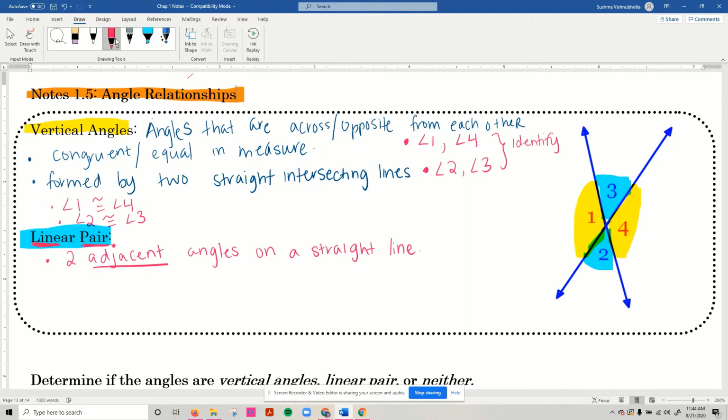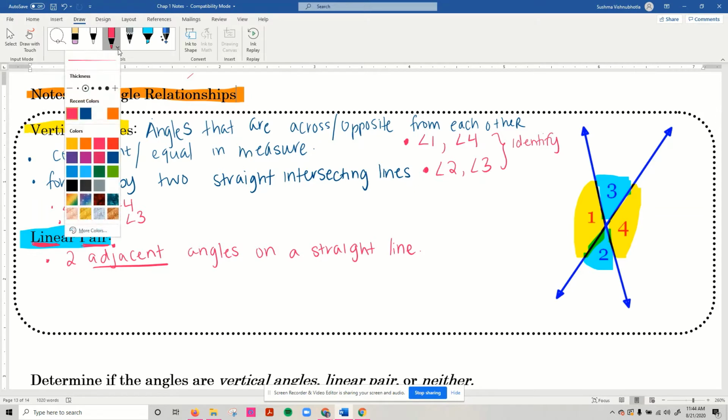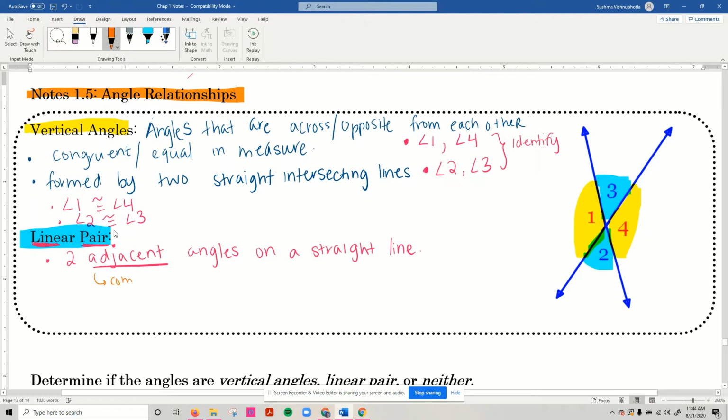Okay, we talked about adjacent yesterday, and remember, adjacent angles are angles that share a common vertex, share a common side, don't overlap, and are next to each other. So linear pairs are always adjacent, and they're always on a straight line.